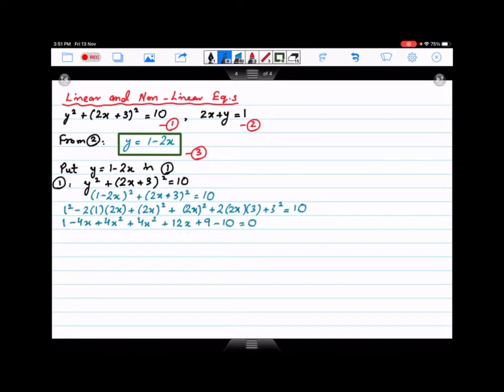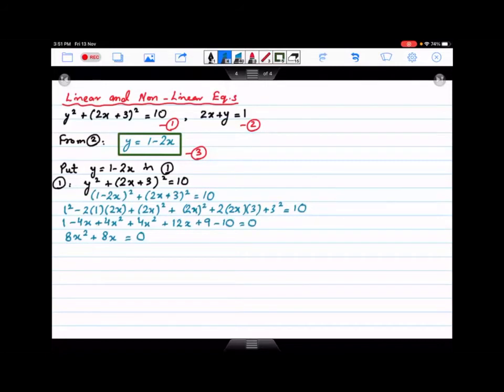Now 4x square plus 4x square becomes 8x square, and 12x minus 4x becomes 8x, and 1 plus 9 becomes 10, and 10 minus 10 becomes 0. Okay, now we can factorize it, and it's a really simple process. I can take 8x common, so it should become 8x times (x plus 1) equals to 0.